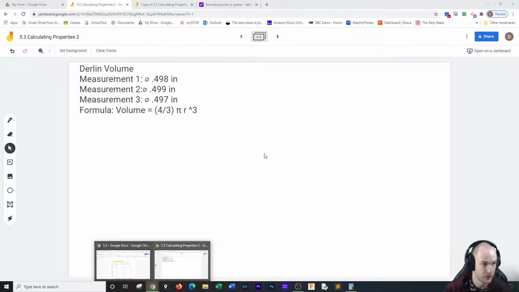Or you could look at these and say, hey, this and this are one above and below this. If we average these three together, the average of these three is going to be 0.498.